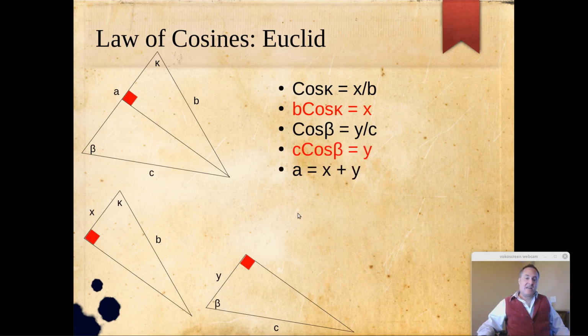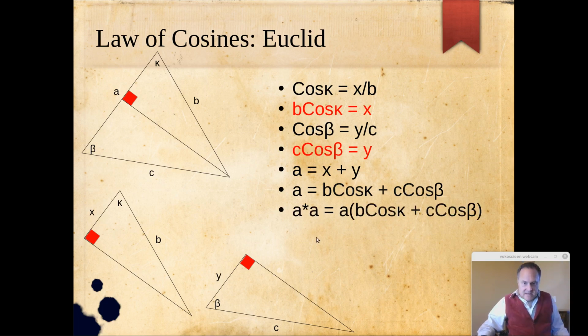And we have that a equals x plus y. That's just this side broken into this component and that component. And so we can substitute a equals b cosine kappa from here, which is x, plus y, which is c cosine beta from here. And we get this equation here.